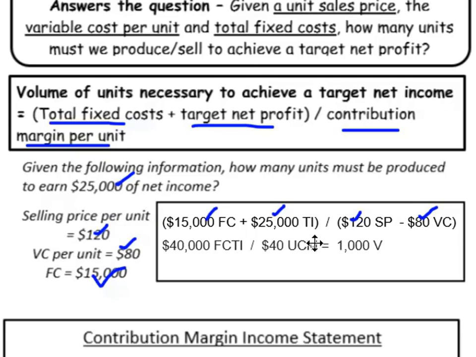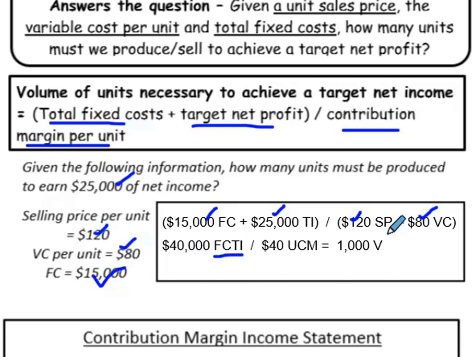So what that means is, when we crank through that formula, we have $40,000 of what I call FCTI, and that's just a combination of the fixed cost and target income. That's fixed cost target income, $40,000.